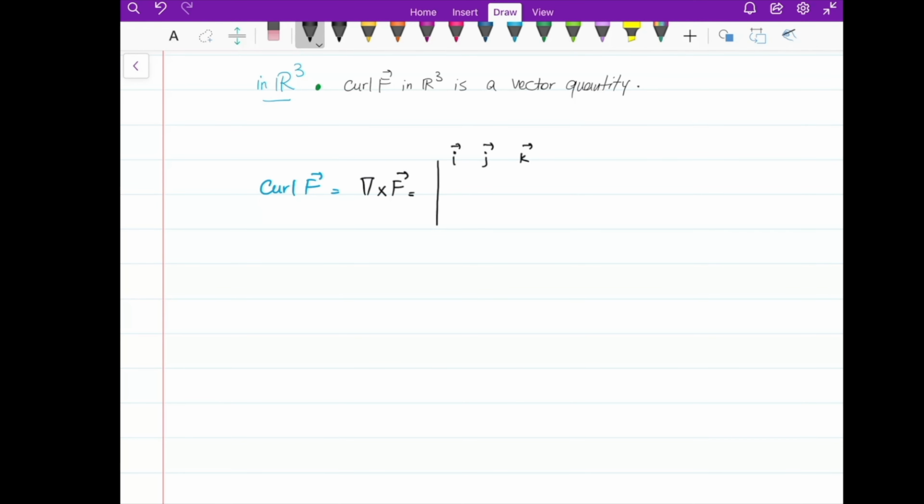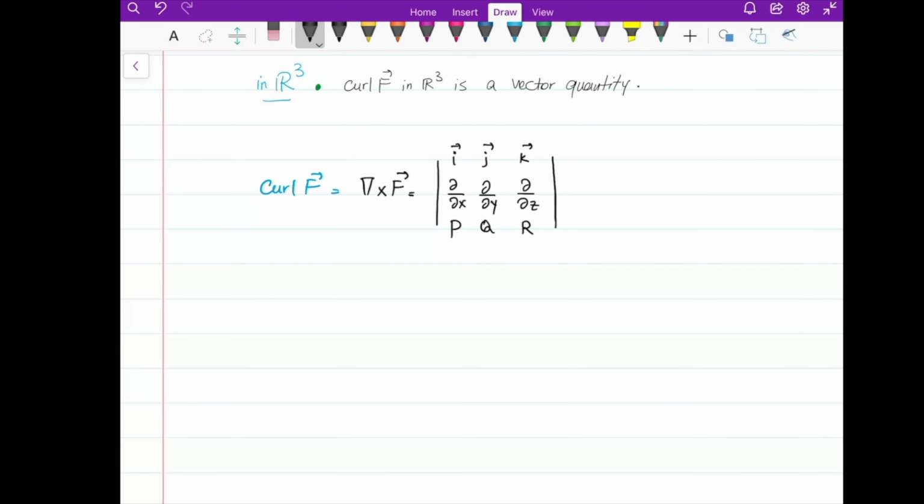On the second row, I have the del operator: partial derivative with respect to x, partial derivative with respect to y, and partial derivative with respect to z. And on the third row, I have P, Q, and R. This is how you should memorize it.